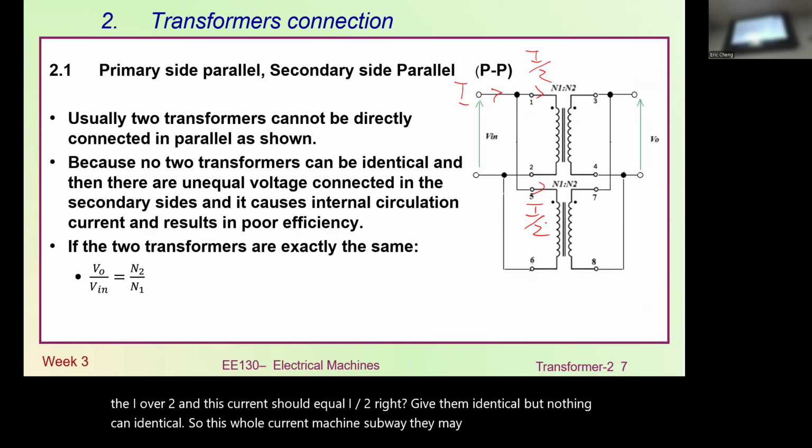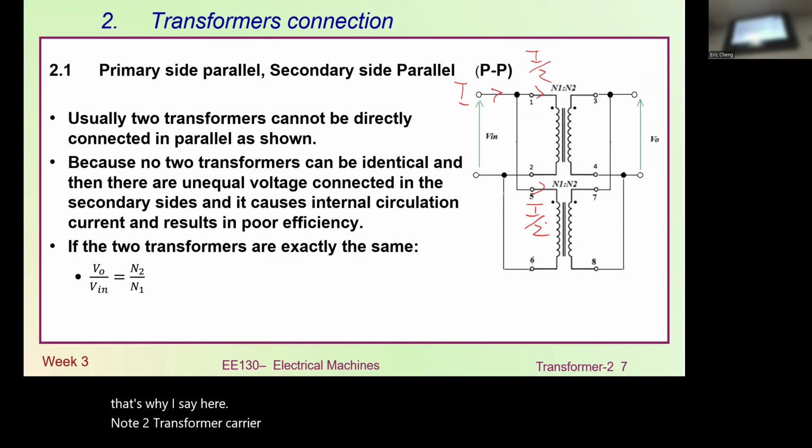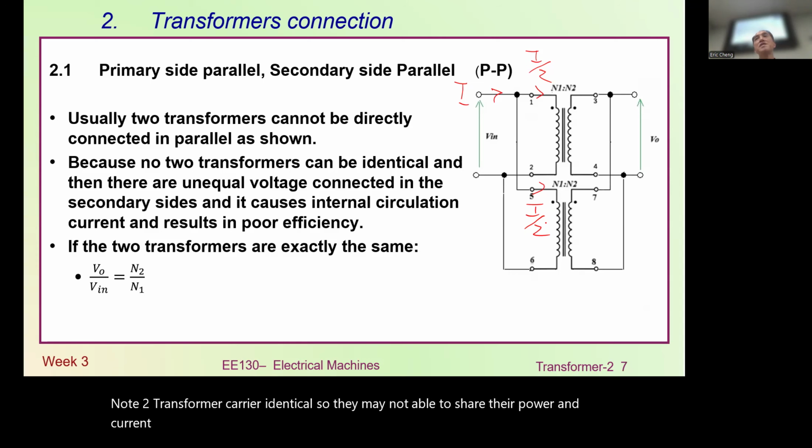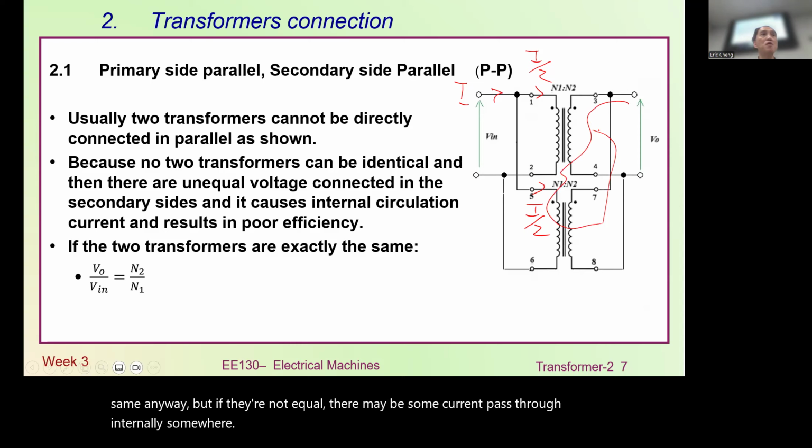So no two transformers can be identical, and they may not be able to share their power and current equally. But for theoretical study, if they are actually equal, you can share the current equally. We're shorting the voltage, so the voltage might be the same anyway. But if they're not equal, there may be some current passing through internally somewhere, which damages the performance.